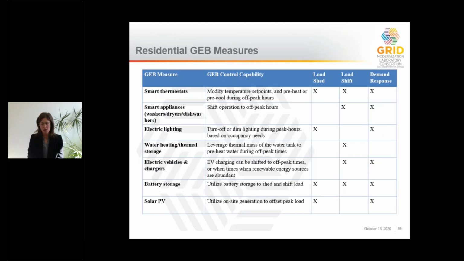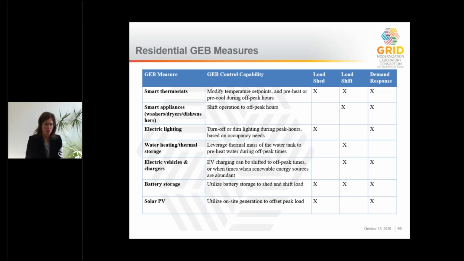So I do want to point out, as I just mentioned, we are advanced on the technology, but I want to talk through some of these inherent building pieces of equipment and end uses that can be controlled in these more flexible manners. On the residential side, we all live in the home, so I think we have some personal connection here.